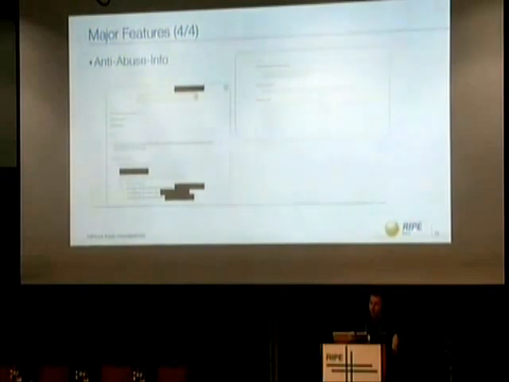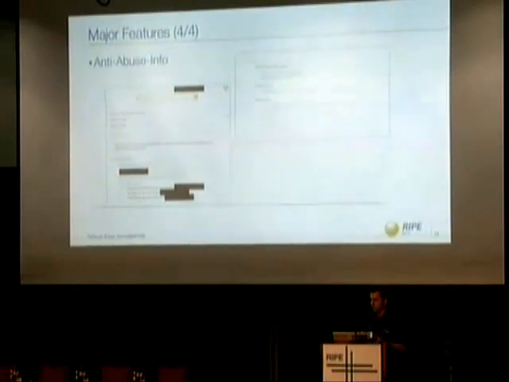Based on that demand, we decided to create anti-abuse info, and we knew that the database group already had a data call for that, the abuse finder. And we already heard that it had some issues.